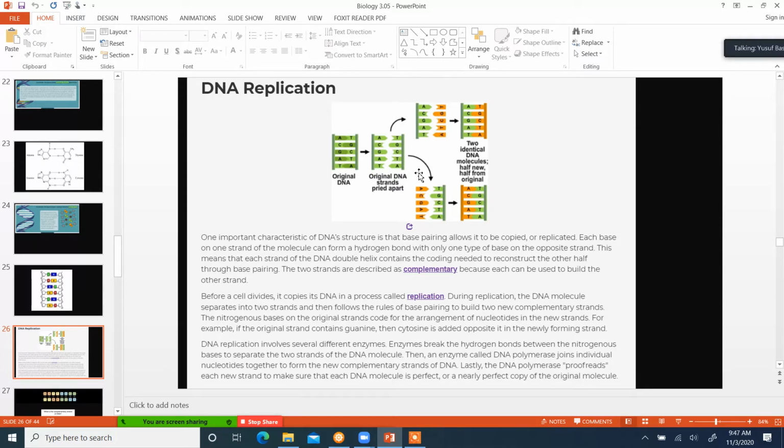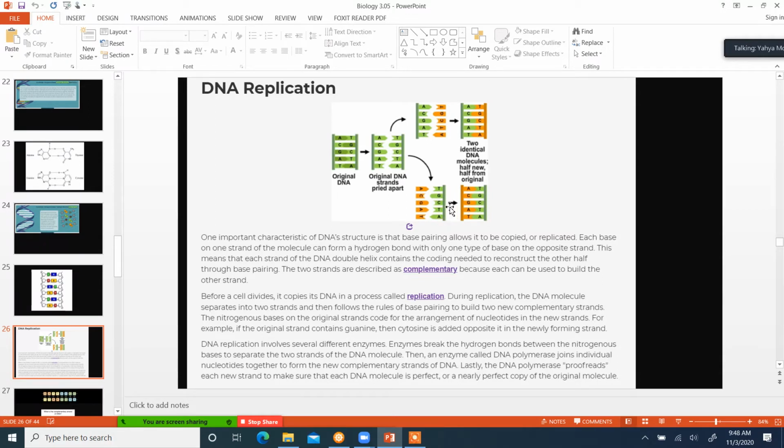Because the base pairs are always the same: adenine can only bond with thymine, and cytosine can only bond with guanine, so it automatically knows what to make on the other side for one strand.